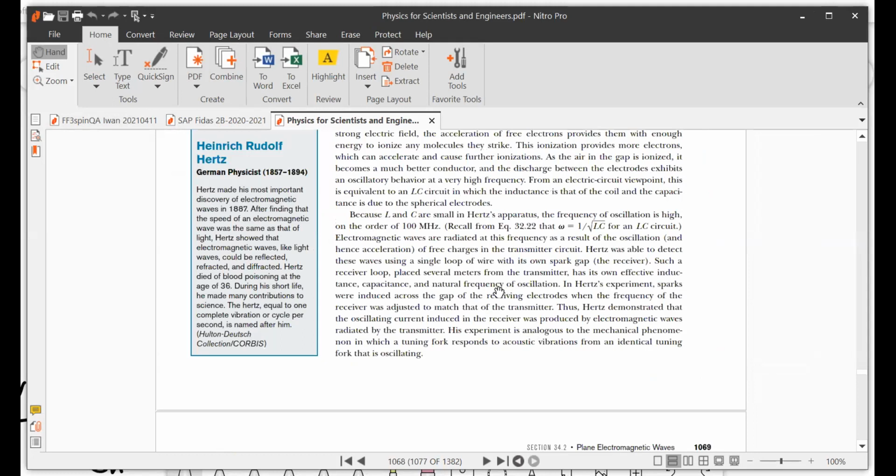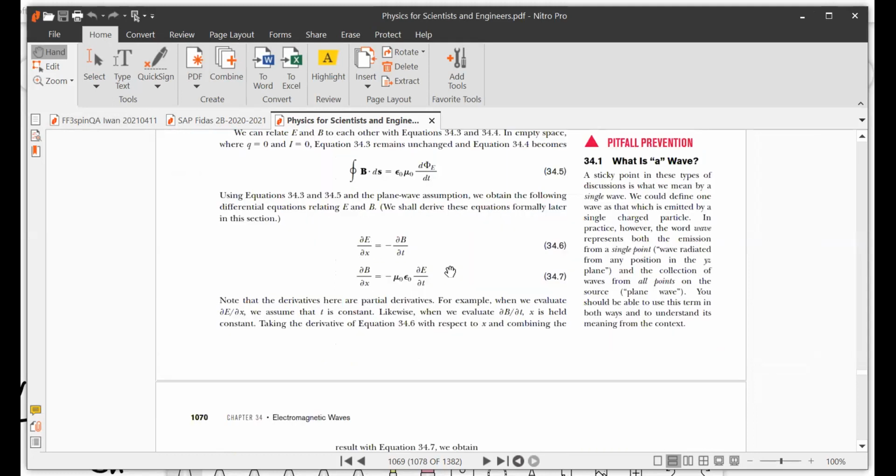And the second one here is coming from the Ampere equation. This VE is the electric field flux. Okay, electric flux.